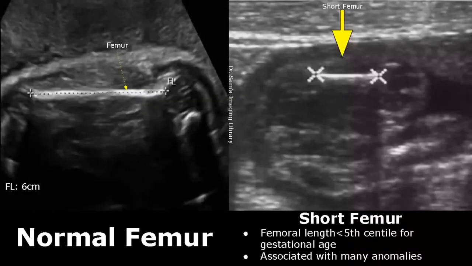A short femoral length is associated with many types of anomalies such as growth restriction and skeletal dysplasias. The femoral length will be shorter than expected for gestational age.